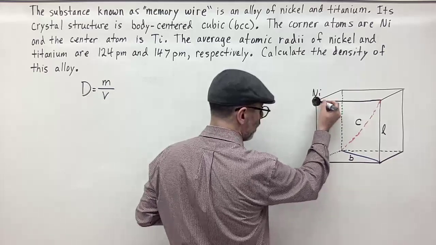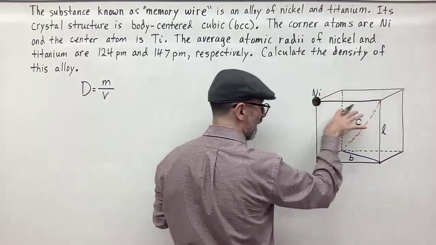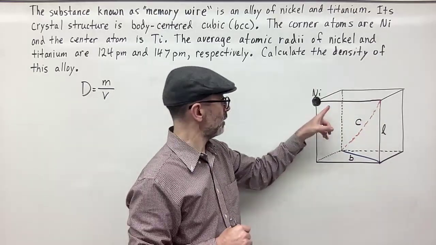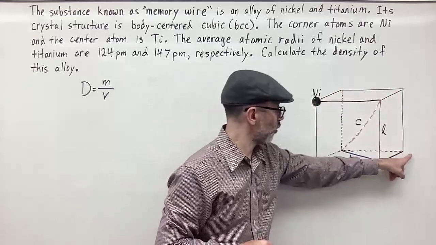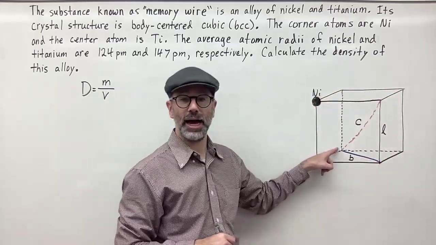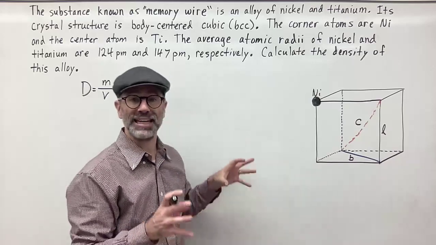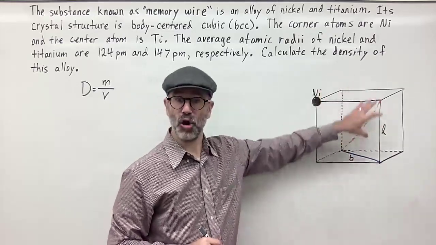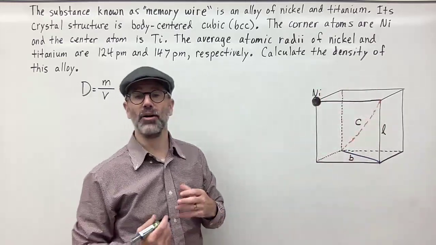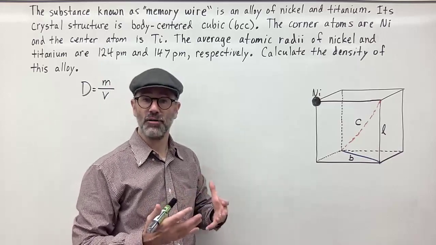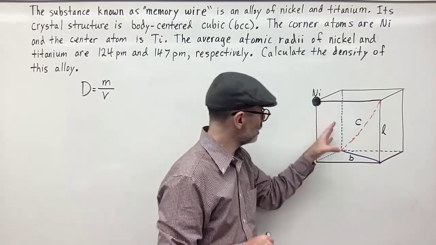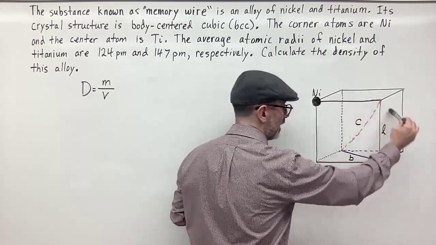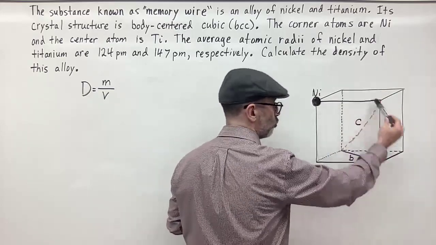Maybe this part of the atom is actually found inside that cubic volume. But keep in mind that each of these corners also has a nickel atom, 1/8 of which is found inside this volume here. So when we're trying to calculate the mass of the substance, we're only interested in the mass of the atoms that are within this particular volume here.